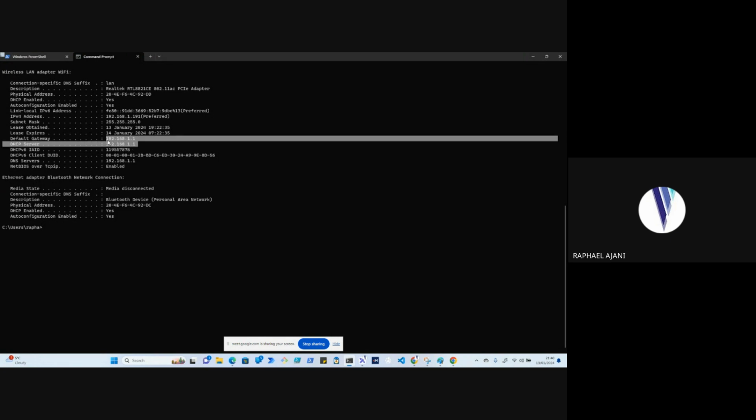So it shows you it's the same device serving as a gateway and a DHCP server. Do you understand? Okay. So this router receives the packet from my system, and then the router will have an outward facing IP address, a public one, to which it will push all my packets.